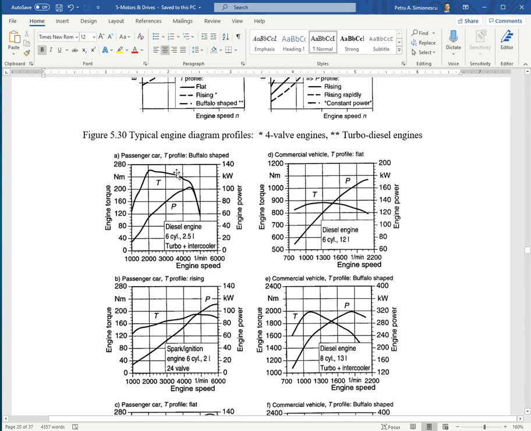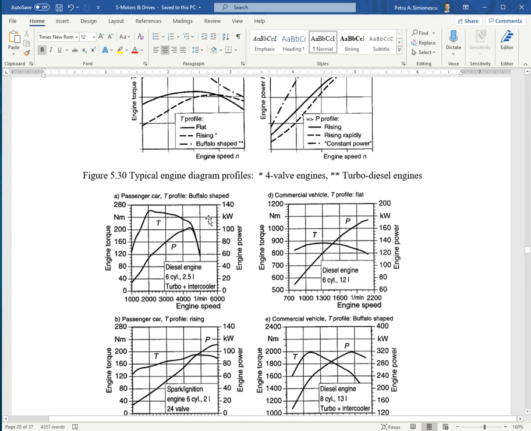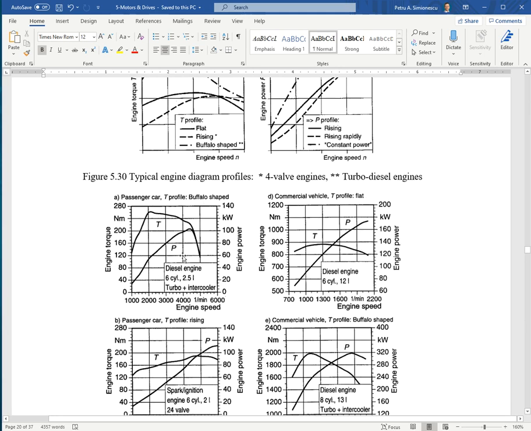Well, this is because these are average curves, experimentally determined for different engines of the same type, of the same model.